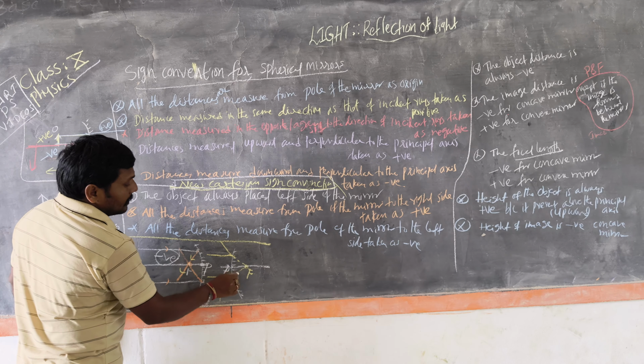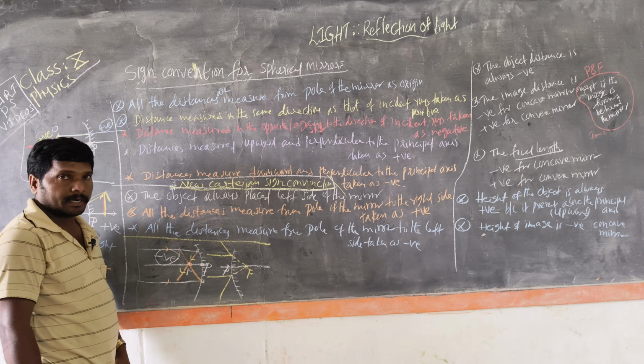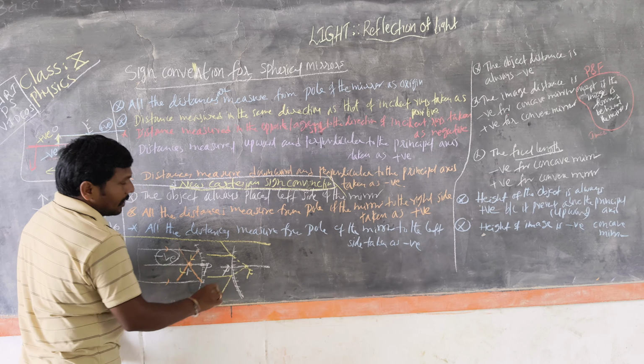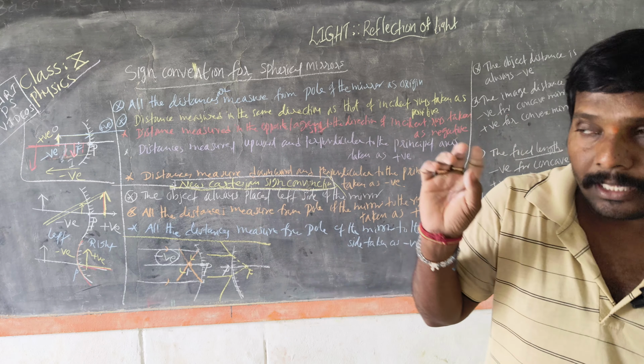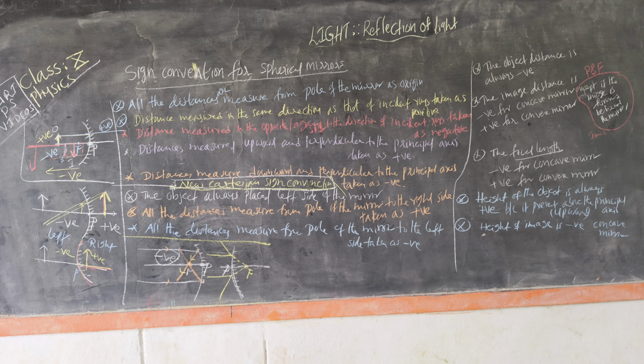Whereas the focal length is on the right side of the pole in the case of a convex mirror, so the focal length is positive. The focal length is negative for the concave mirror because it is on the left side of the pole, and positive for the convex mirror because it is on the right side of the pole.